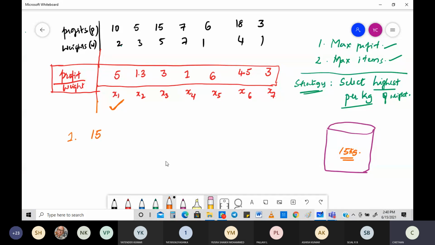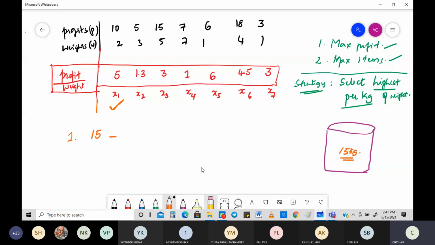Now when I use this object, X1 object, what is the weight of X1 object? See this very carefully. Is 5 the maximum? No. This is not 5. The maximum there is 6. So if you take 5, I'm not using the highest per kg. Got to be careful there. What is the most important strategy?